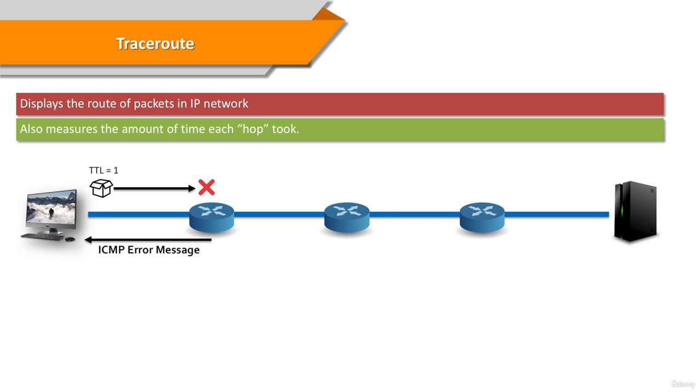When the initiating machine receives a time-exceeded response, it examines the packet to determine where the packet came from. So this identifies the machine 1 hop away. Then the tracing machine generates a new packet with TTL 2 and uses that response to determine the machine 2 hops away, and so on.